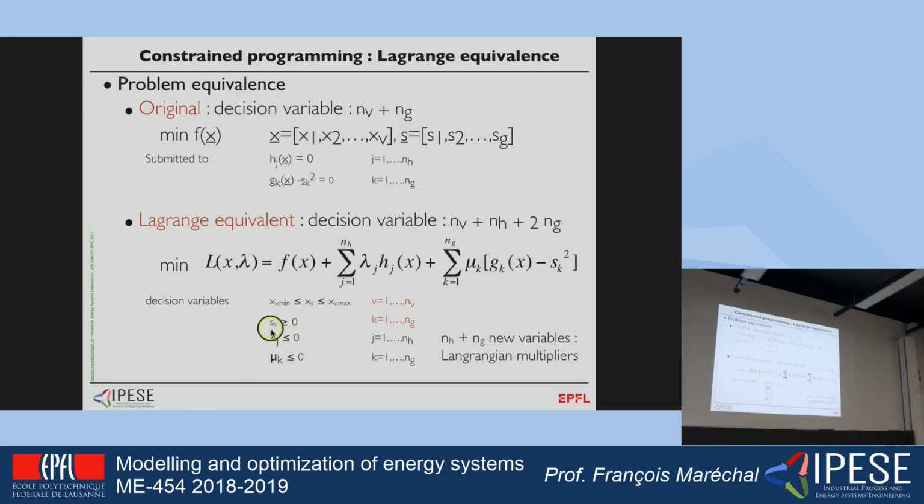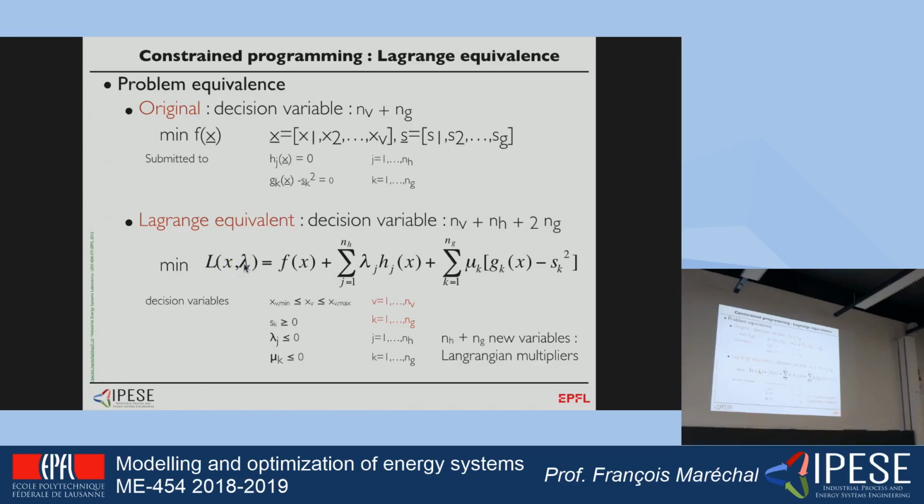I have here a set of linear constraints that apply on the variables, but I have made this one and this one disappear from the list of constraints because they are included here in the objective function. But at the same time, and I should have added mu here, I have to find not only the value of x, but also the value of lambda.